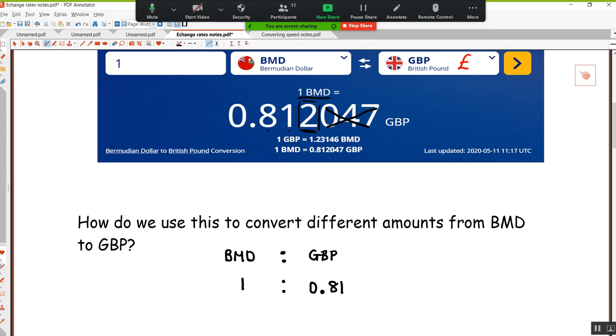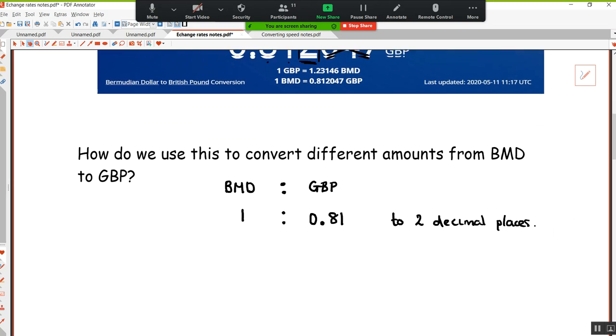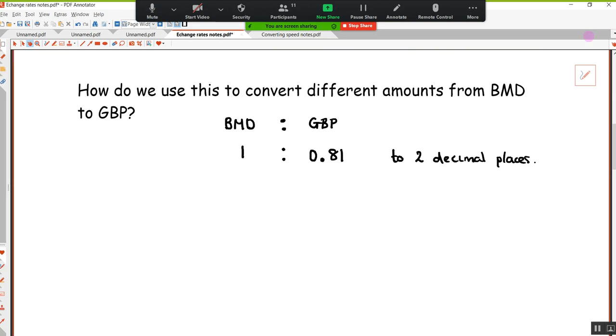Now, any ideas, guys, why I've rounded? Why did I choose to round my number to 2 decimal places? Any ideas? No? Maybe because that's only what they're going to give you.